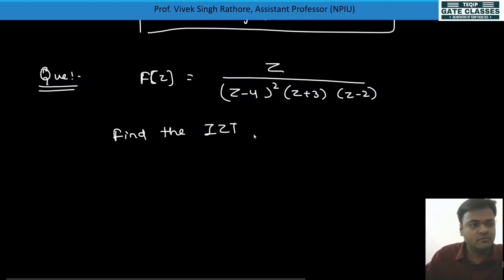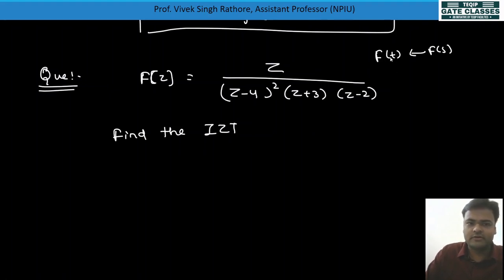But as you have remembered, in the inverse Laplace transform also, we have seen that more than one expression is there for the inverse value, like taking f of t from f of s. We were getting many different values based on the ROC.